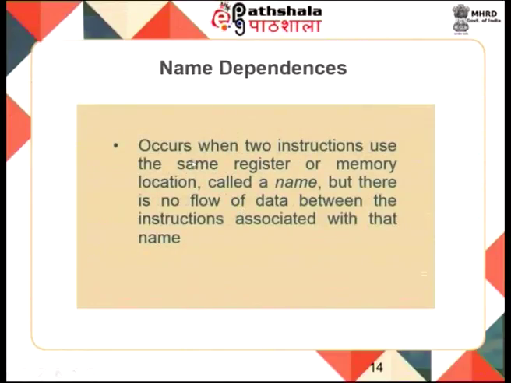Now, a name dependence occurs when two instructions use the same register or a memory location. That is why it is called a name dependence, but there is actually no flow of data between the instructions associated with that name. Unlike a true data dependence, where there is an actual flow of data, where the data produced by one instruction is being used by a subsequent instruction.